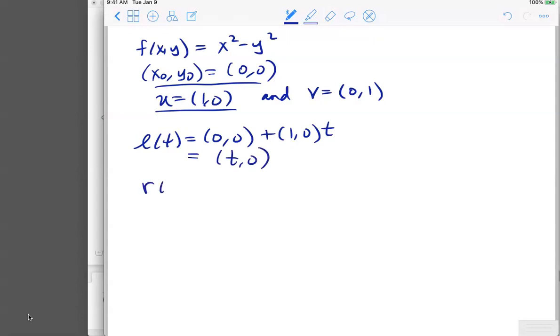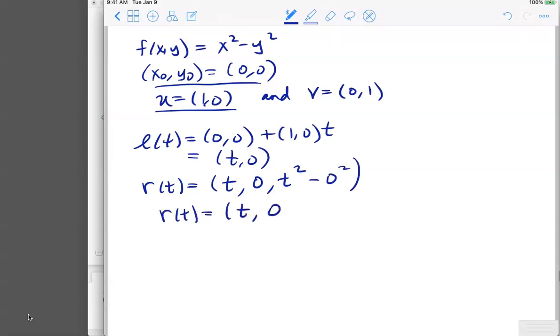If we paste that curve onto the surface, we'll get a curve r of t, so x is equal to t, y is equal to 0, and now there's the z entry of the curve. And we now have a curve t comma 0 comma t squared, which is essentially telling us that x is equal to t, y is equal to 0, and z is equal to t squared.